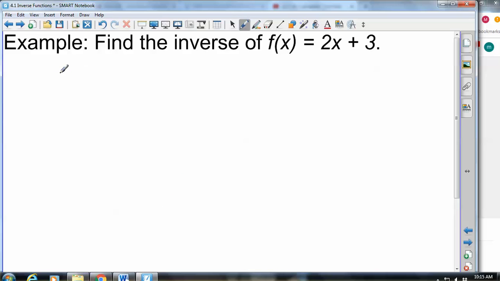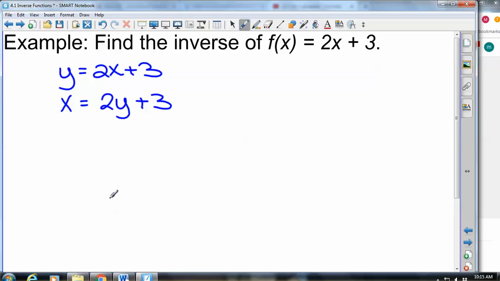So first step, instead of f of x, you write y. What's the next step? Interchange x and y. So every y becomes an x, every x becomes a y. Okay, next step. Okay, so we subtract our 3. Divide by 2.